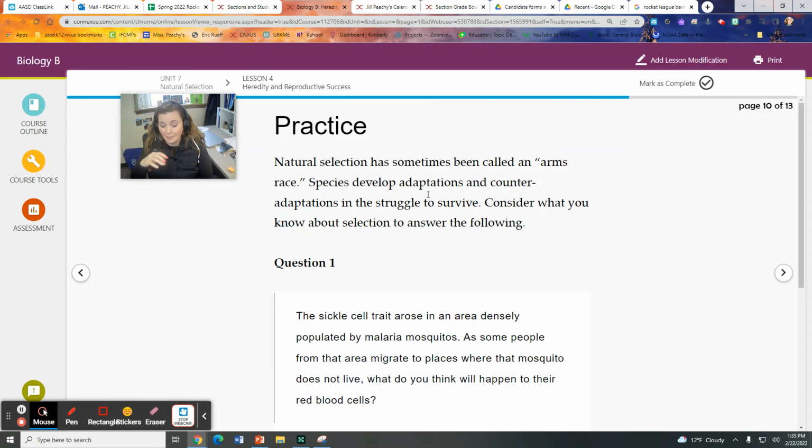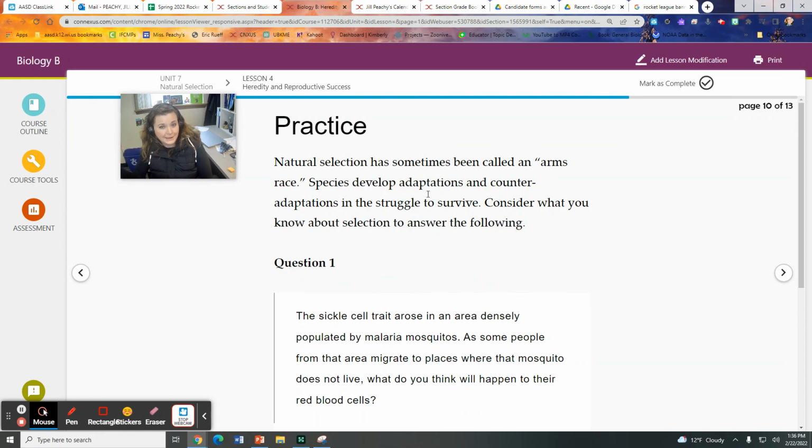If you've got multiple organisms in the same area that really want to occupy the same biological niche, and they all possess adaptations to help them in that competition to fill the niche, the one that has the best adaptation is going to win.